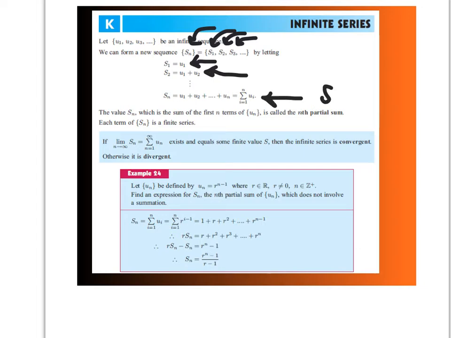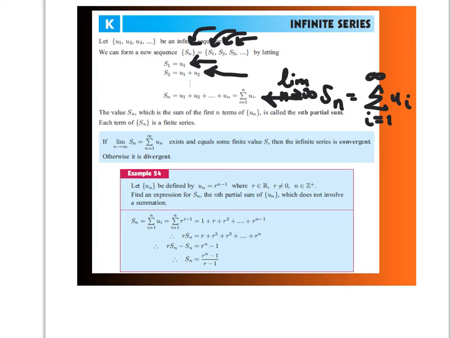So as we send n to infinity, we end up taking i from 1 to infinity, and therefore it becomes an infinite sum. But that only happens if we take the limit as n goes to infinity.